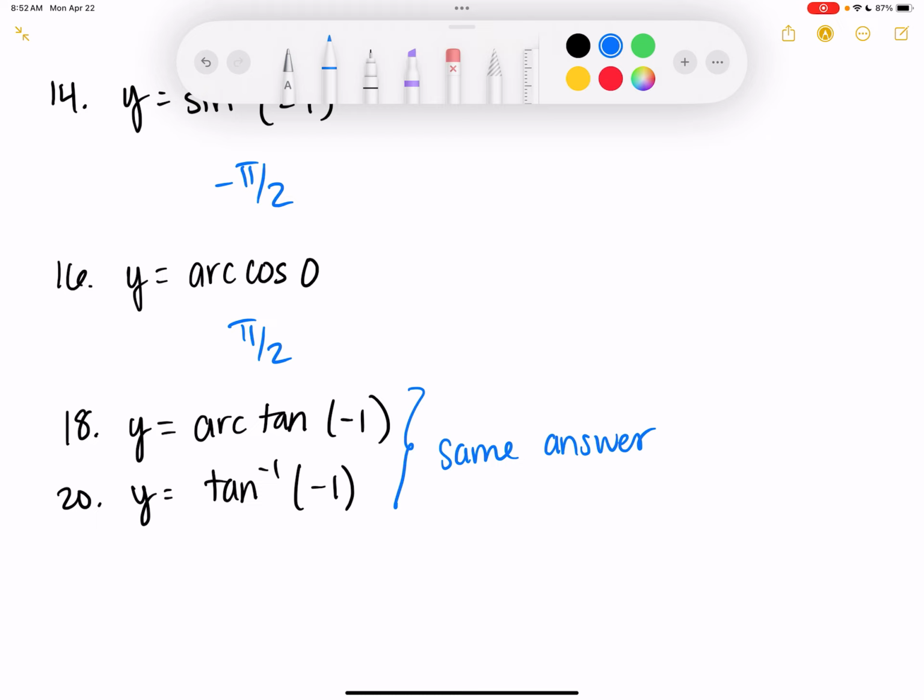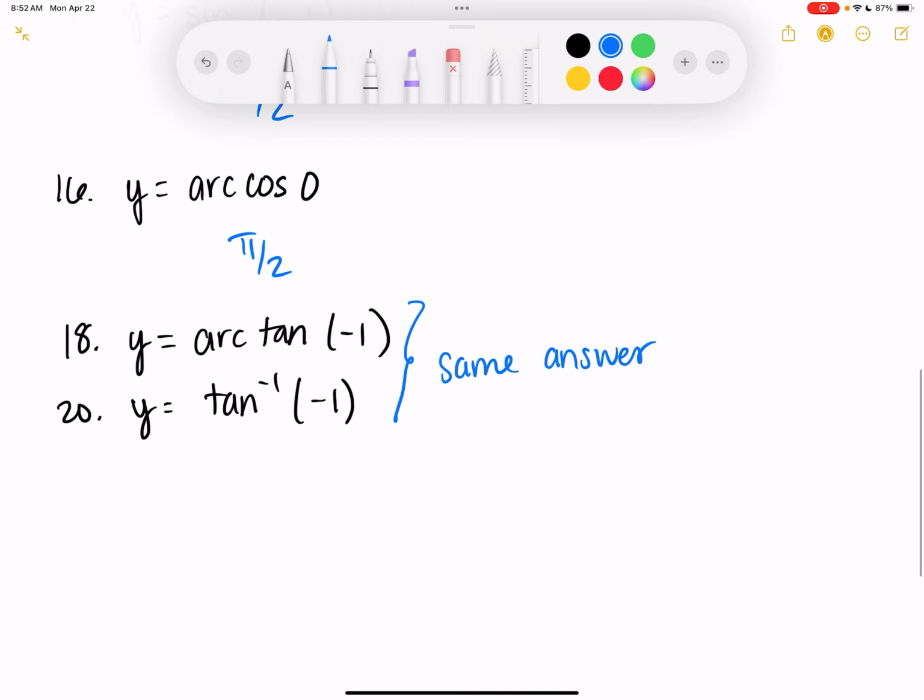So normally, let's do it this way. So if I have my circle, I've got pi/6, pi/4, and then I've got pi/3.